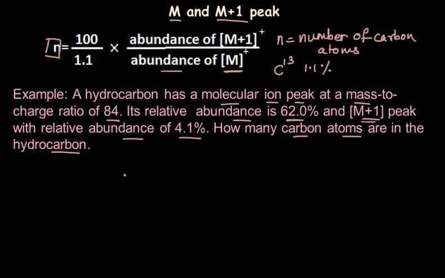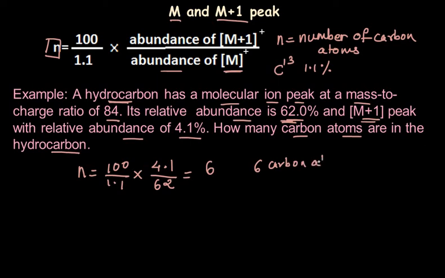So simple substitution is needed. N is equal to 100 upon 1.1 into the abundance of M+1 peak, which is 4.1, divided by the abundance of M peak, which is 62%. So if we calculate this, we will get a number of 6. That shows that our hydrocarbon contains 6 carbon atoms.